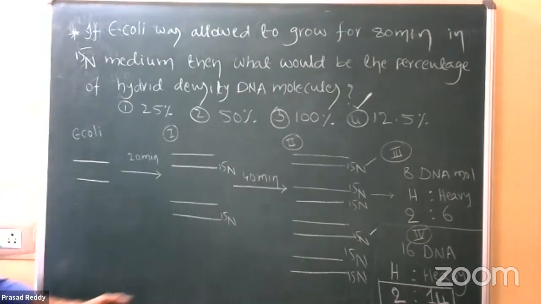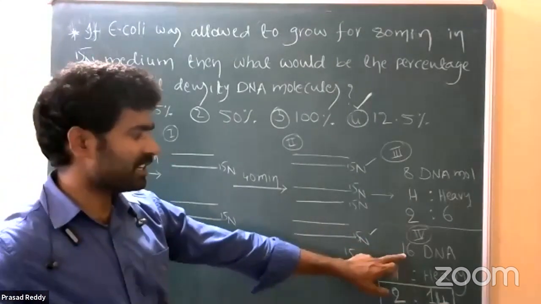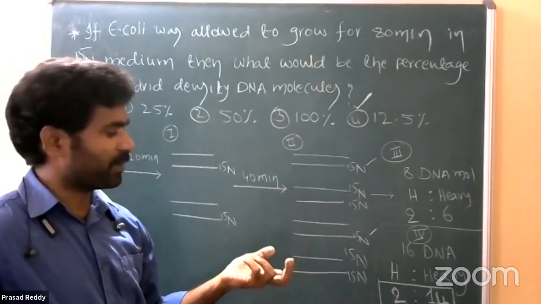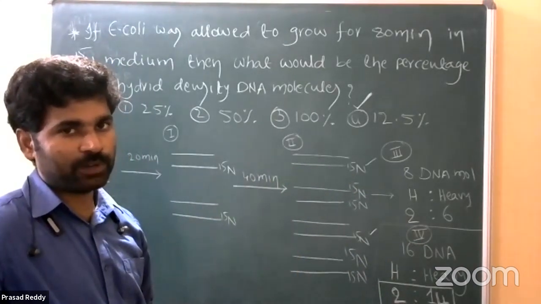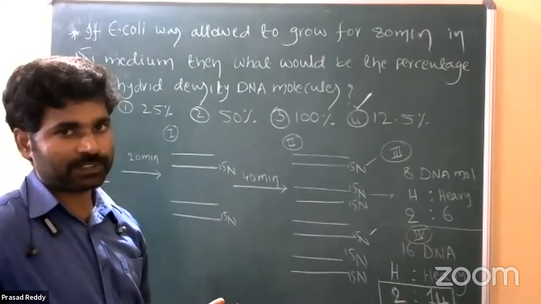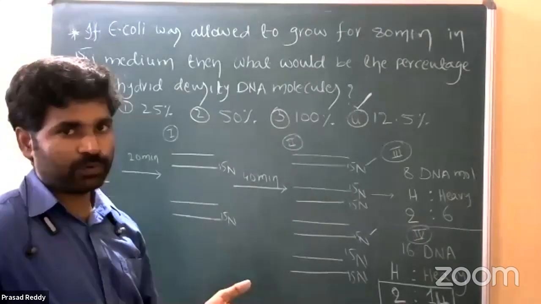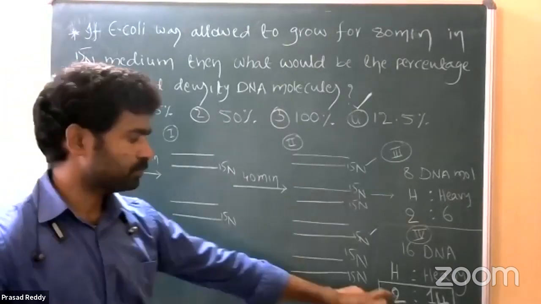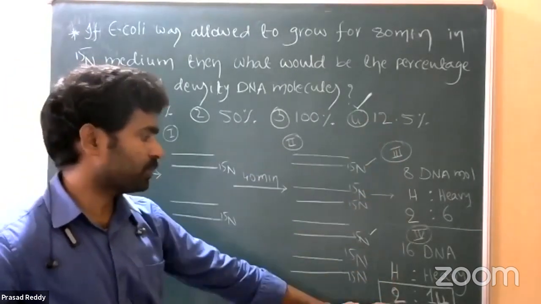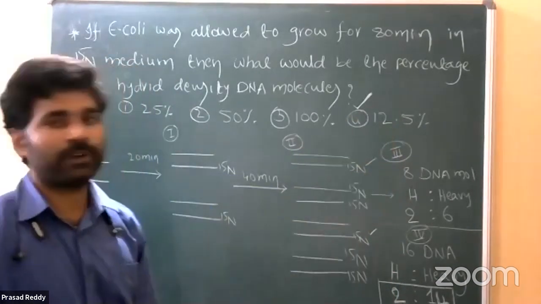Directly mark it. 16 DNA molecules is 100%, 8 DNA molecules is 50%, 4 is 25%, and 2 molecules is 12.5%.